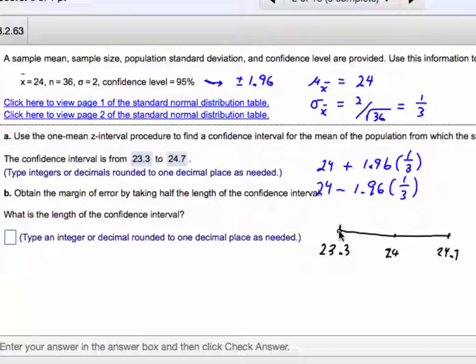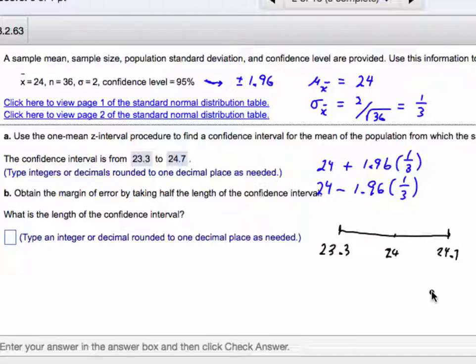This is the confidence interval from 23.3 to 24.7. We're 95% confident that the population mean lies in that interval. That's the whole point of that. Our point estimate for the population mean is 24, and we're 95% confident that the population mean falls in this range, right?